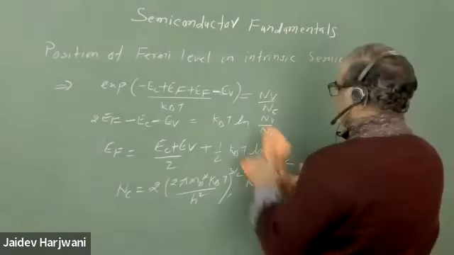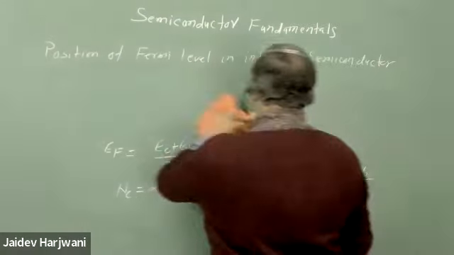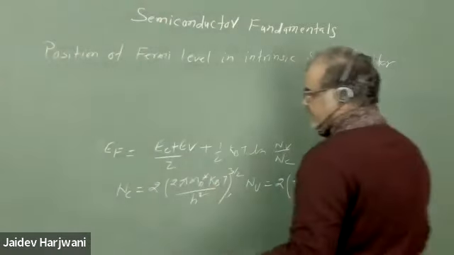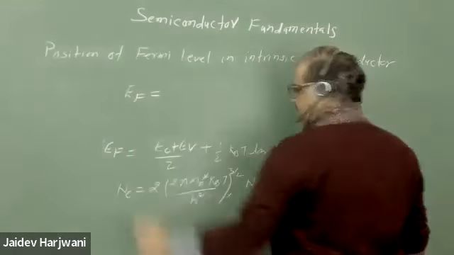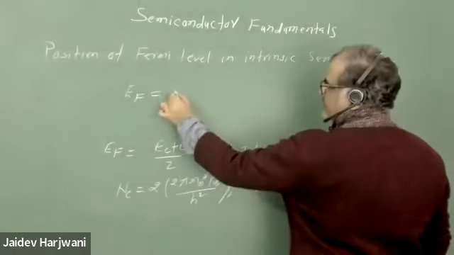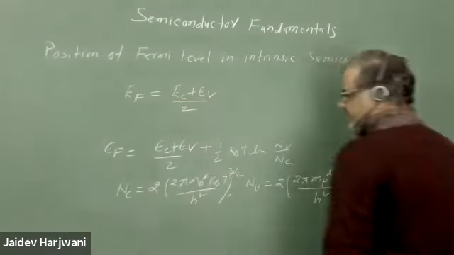If I put these values here, it will give me the position of the Fermi level in an intrinsic semiconductor. So I get the position of the Fermi level as EC plus EV by 2.